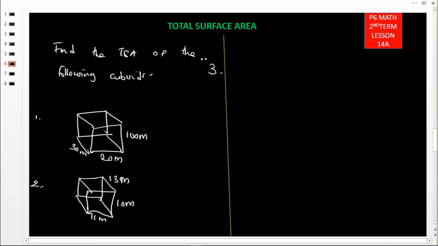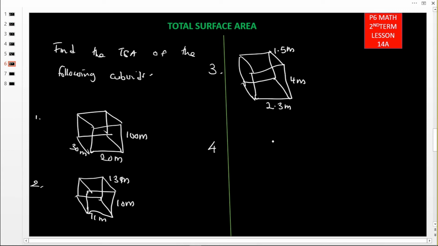Then number 3, this is 2.3 meters, then this is going to be 4 meters, this is 1.5 meters.